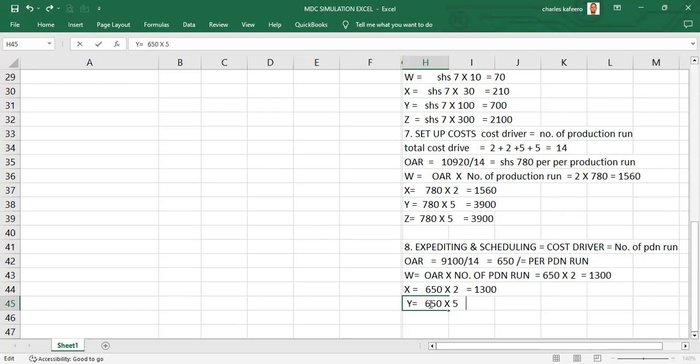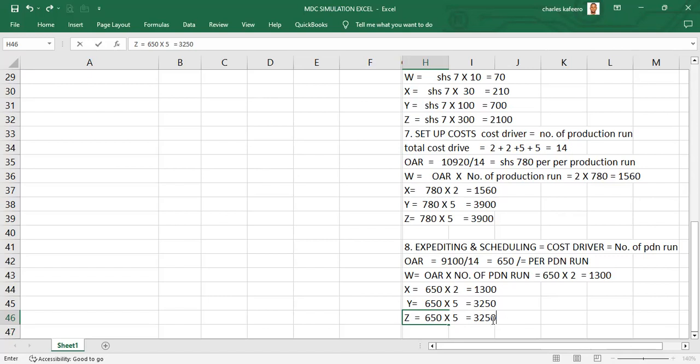So we get the outcome as 3250. So we go to the last product, which is product Z, which will be the OAR, which is 650. We multiply by the number of production run, which are 5, and this will give us 3250.